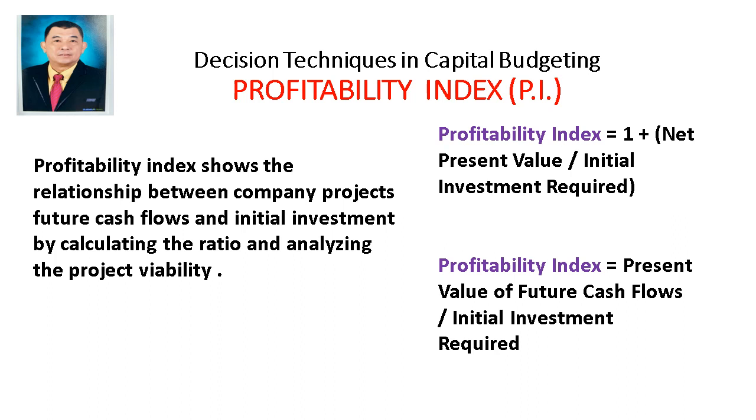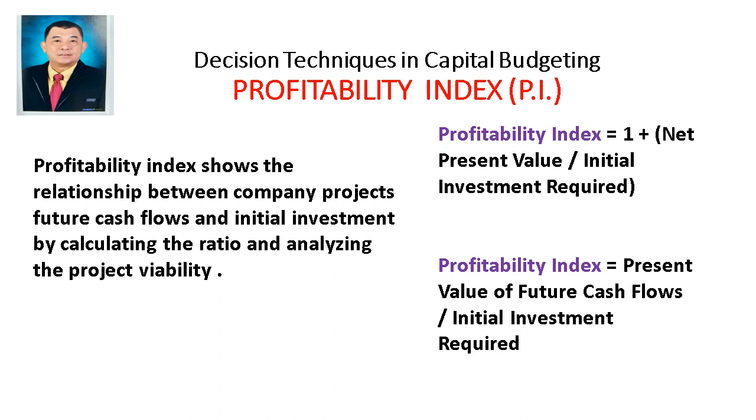Our topic is part of the decision techniques in capital budgeting, which is today, number 1, profitability index. Number 2, we have net present value. And number 3, we have payback period, as they are all related to the decision techniques in capital budgeting.